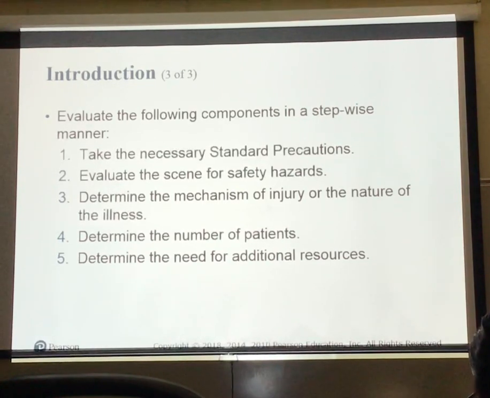Some places may require helmets and turnout gear. Evaluate the scene for safety hazards: environmental, hazardous material, violence, roadway traffic, power lines. If the scene is not safe, do not enter until it is made safe, either by the fire department, the police department, the power company, the gas company, whoever, all right? And retreat if necessary if the scene becomes unsafe.